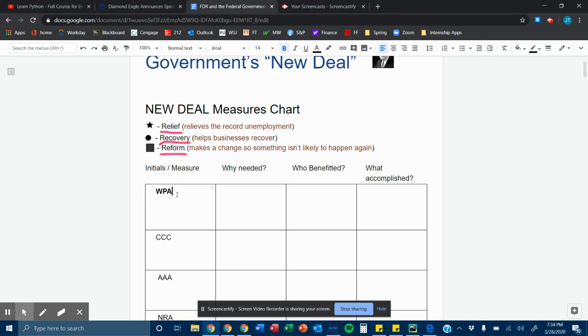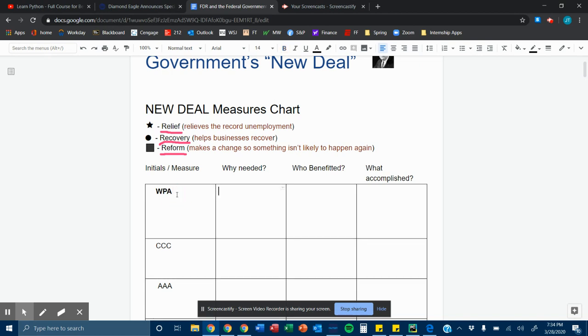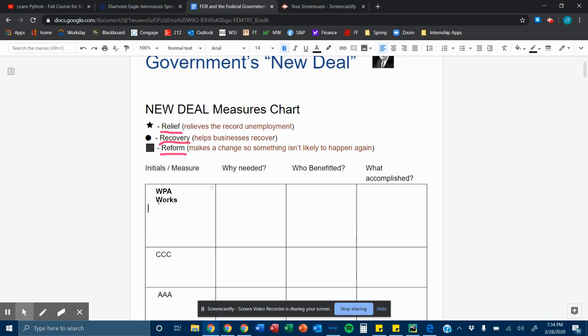The first thing you're going to do in this box is put what those initials stand for correctly.